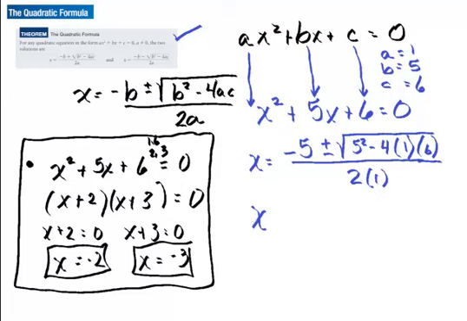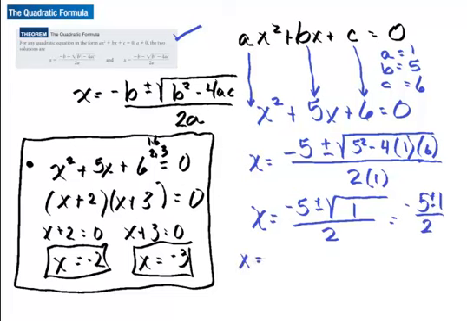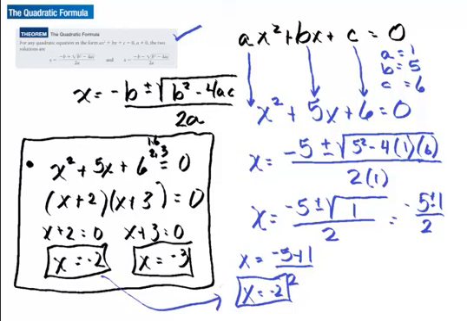So in this one I get x equals minus 5 plus or minus, that's going to be 25 minus 24, that's a 1, all over 2. This simplifies to be minus 5 plus or minus 1 over 2. So let's separate it. x equals minus 5 plus 1 over 2, which tells me that x equals minus 4 over 2, so that gives me a negative 2, which I already knew.